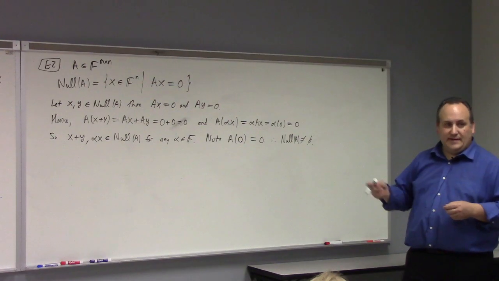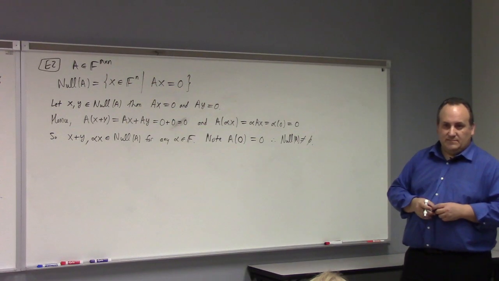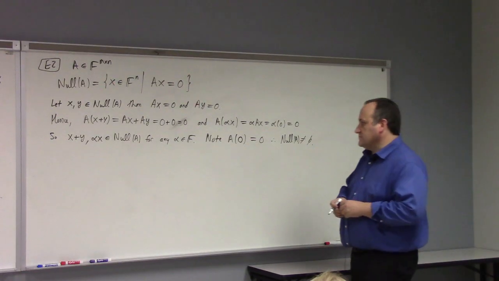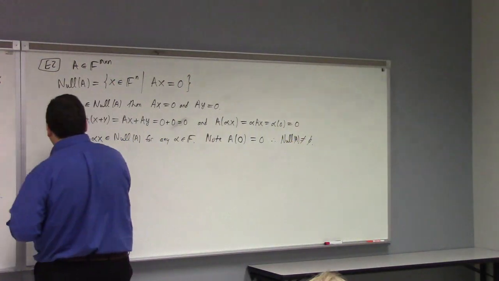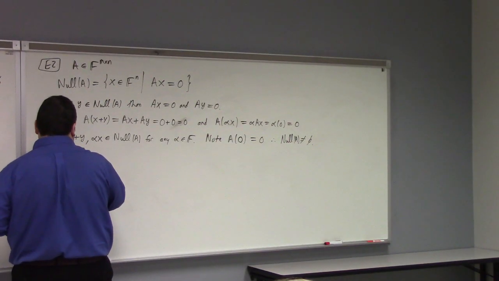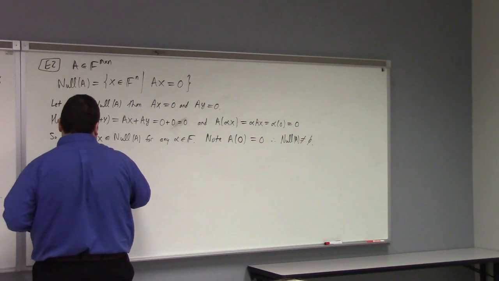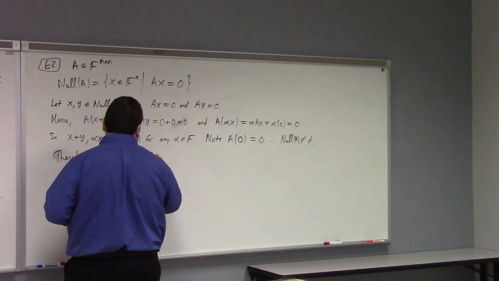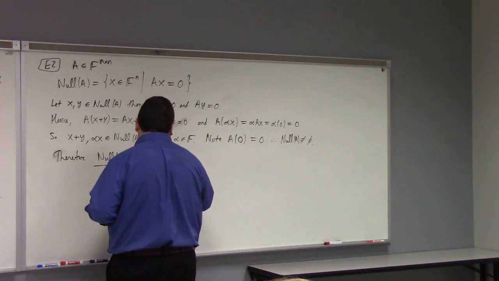If you can violate any one of the axioms with respect to a given subspace, then it's not a subspace, right? But anyway, this one is, therefore, the null space of A is a subspace of, in this case, Fn, by the subspace test theorem.